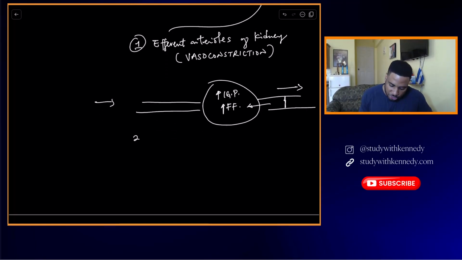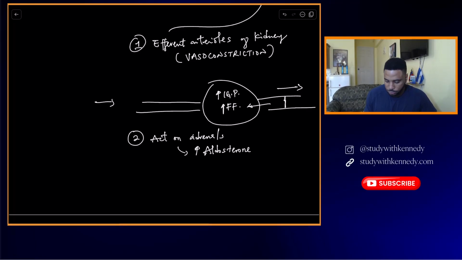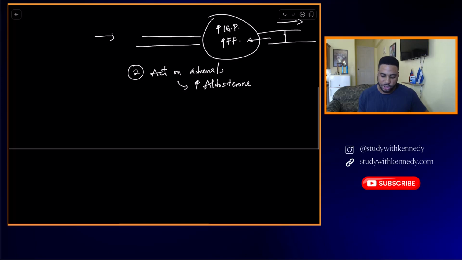The second thing angiotensin 2 is going to do is act on the adrenals. Angiotensin 2 will act on the adrenal gland. And what does it do here? It will increase aldosterone secretion. And what does aldosterone do?